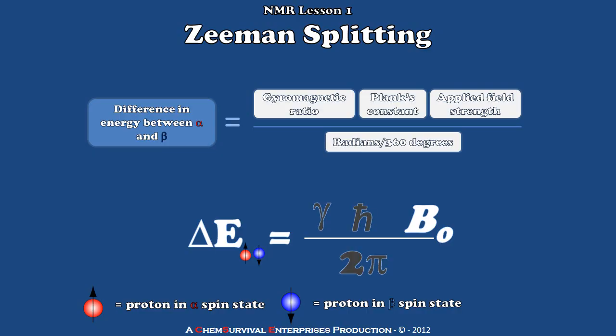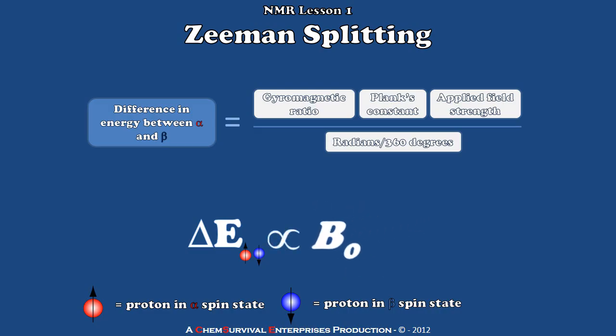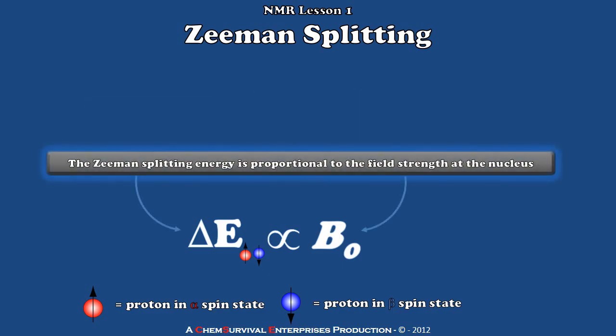Now, 3 of these 4 terms are constants, which means that if we eliminate them from the equation, we still have a proportionality. We can say that the Zeeman splitting energy is proportional to the field that is being experienced by that nucleus. This is a key fundamental property that we need to remember to explain how NMR works.